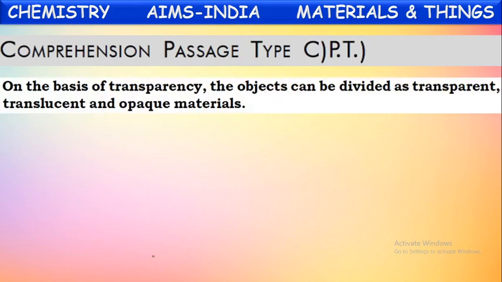On the basis of transparency, the objects can be divided into transparent, translucent, and opaque materials. Isn't it? Yes, based upon the transparency, materials are classified into three types. They are transparent, translucent, and opaque material. So based upon this concept, we are going to have three questions.